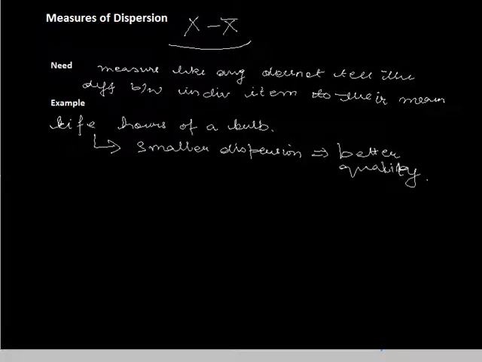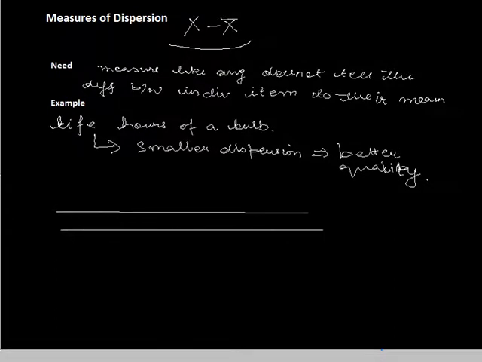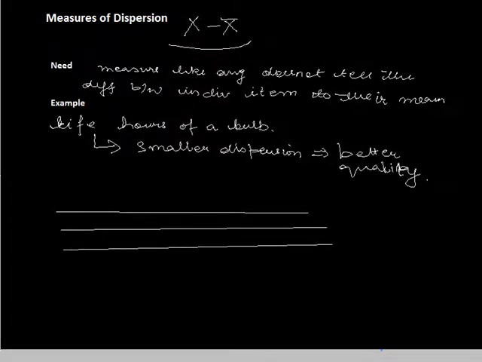Now, in another example, say you have classes A, B, C. Let's look at what exactly I'm trying to say.